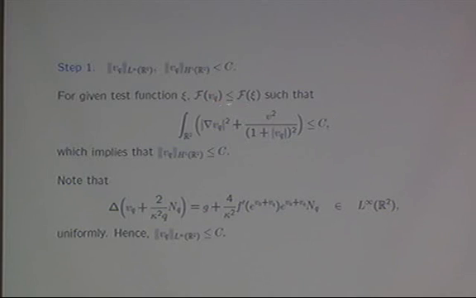In this case, the function f has a constant q square, so we can eliminate q square on both sides and find this estimate. Then as in the previous part, from this integral, we can obtain the boundedness of the L2 norm. And so this one is proved.